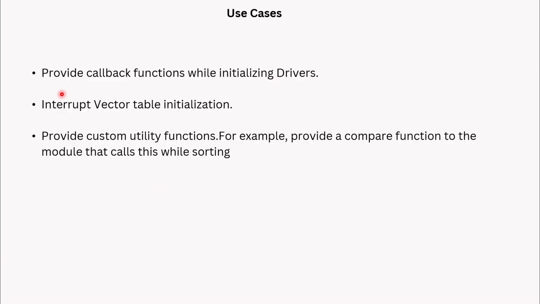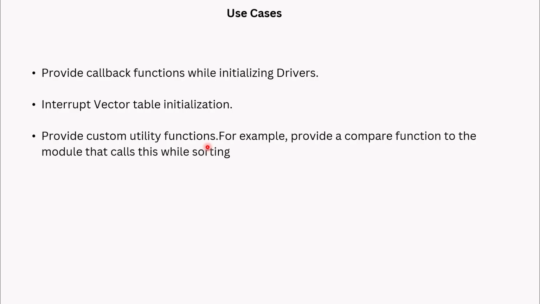There are several use cases. You can initialize your callbacks with your drivers. Like you have a UART driver or an I2C driver, and you want to receive callbacks, you can give the callback functions as function pointers. You can also have the interrupt vector table with function pointers, and you can also give utility functions. For example, you have a sort module which is sorting.